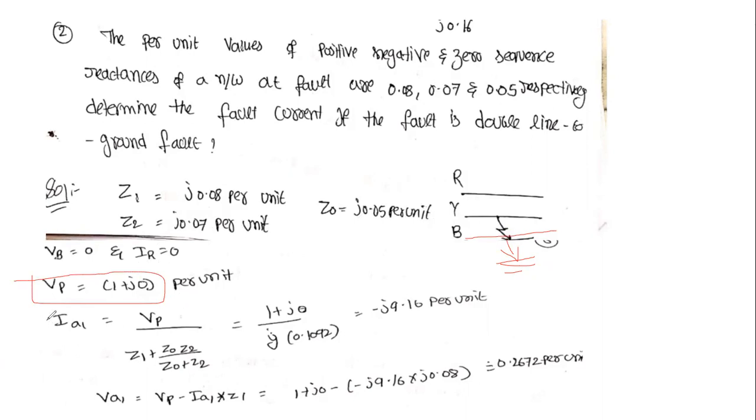Therefore, we are calculating IA1, which is equal to V phase by Z1 plus Z0 Z2 by Z0 plus Z2.